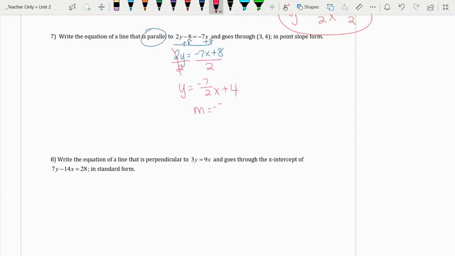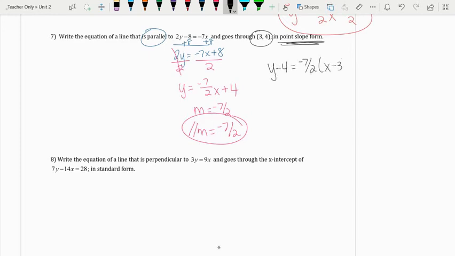Now I know my slope is negative 7 halves, and I need parallel slope, which is the same slope of negative 7 halves. So now let's use this to put it in point slope form, which actually is what they want as our final answer. Y minus 4 equals negative 7 halves x minus 3.